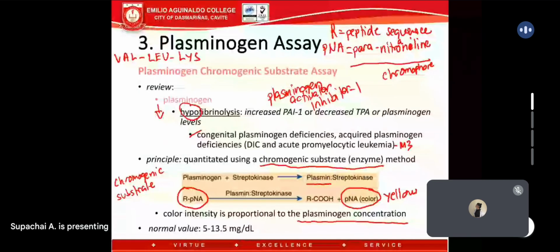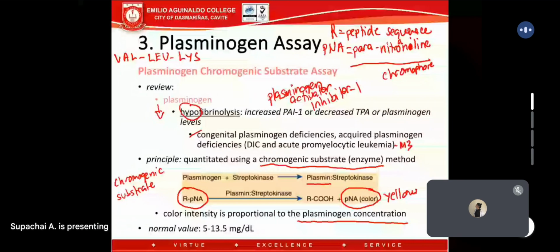Now remember, during hypofibrinolysis, meaning the activity of fibrinolysis is very minimal, there would be an increase in PAI-1. PAI-1 stands for plasminogen activator inhibitor 1. Remember, PAI-1 serves as antagonist or inhibitor.